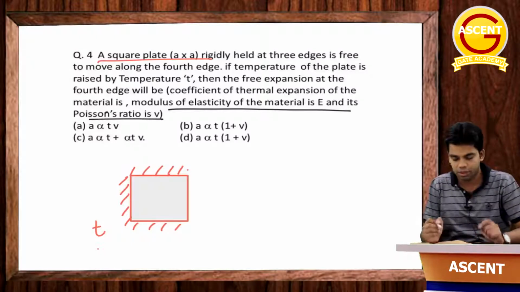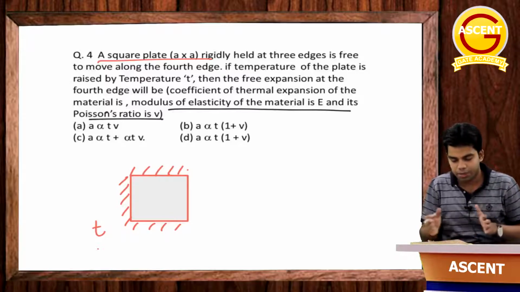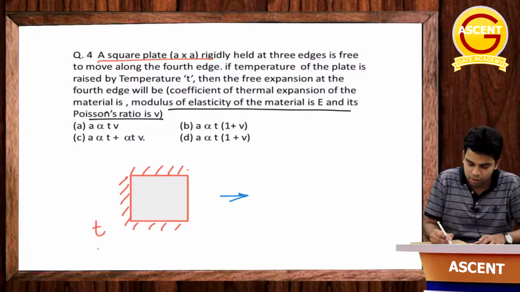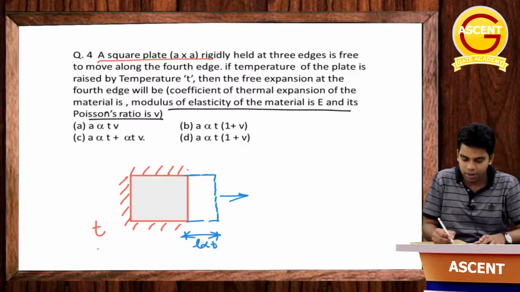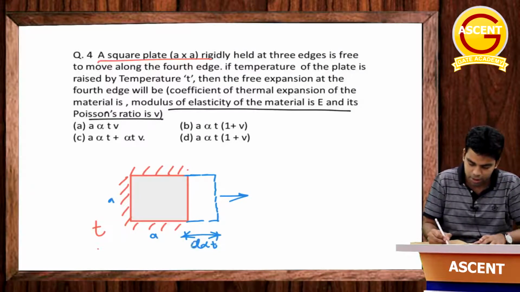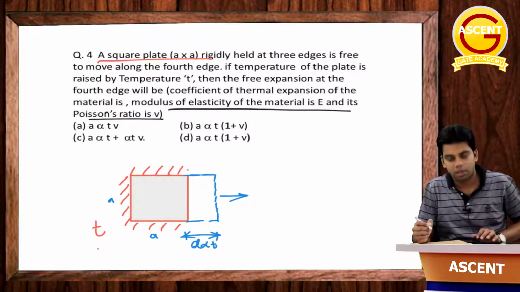Free expansion in the 4th edge will be due to what? So, first thing, because this is free to expand along the x axis, obviously the linear expansion would be L alpha t, or A alpha t, because the dimension is A. This is A. Getting this? But there will also be a lateral expansion. Why?